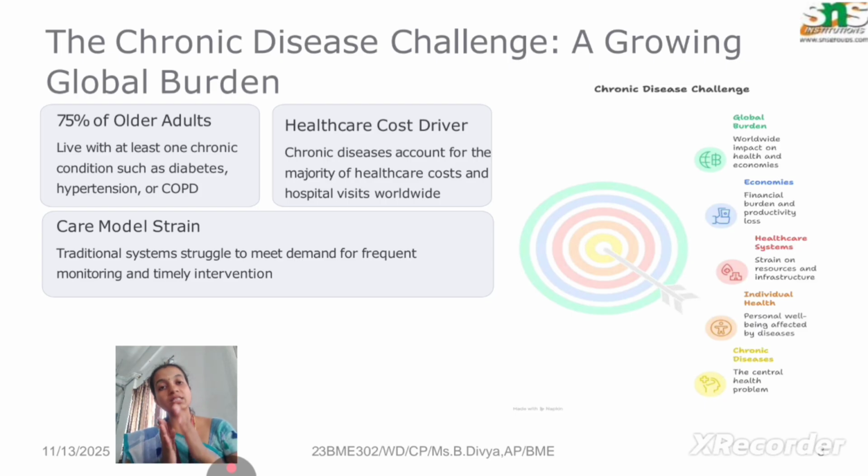What kind of disease are they affected by? First is the central health problem. The core health problem is to be identified, and then we have to specifically understand what issues the individual has. And then the healthcare system: what system can be incorporated with them to take care of them.